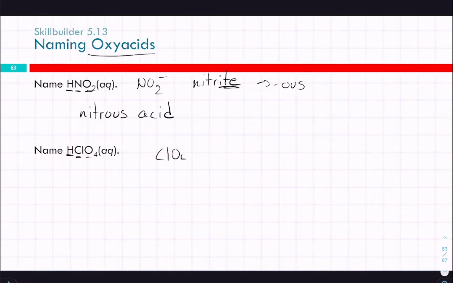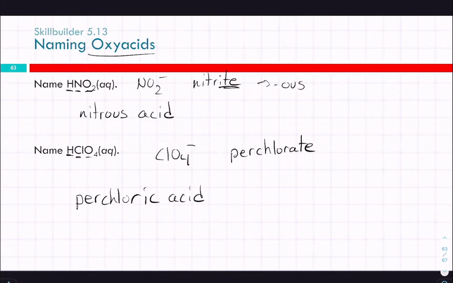That's one more oxygen than the base form, so this is going to be perchlorate. So when we name this, we leave the per, leave the chlor, and change the ATE to IC. This is perchloric acid. So every part of the name is giving you some piece of information that you need to write the formula.